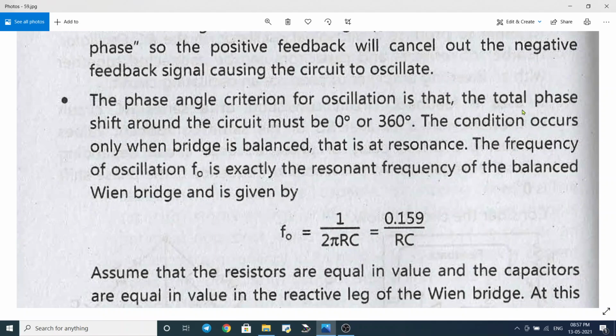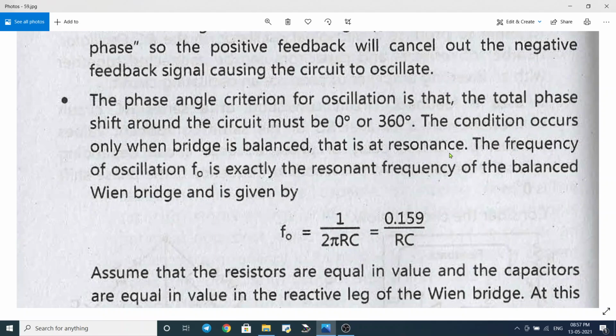We know that the total phase shift around the circuit must be 0 degree or 360 degree. This condition occurs only when the bridge is balanced, and the bridge is balanced at resonance.